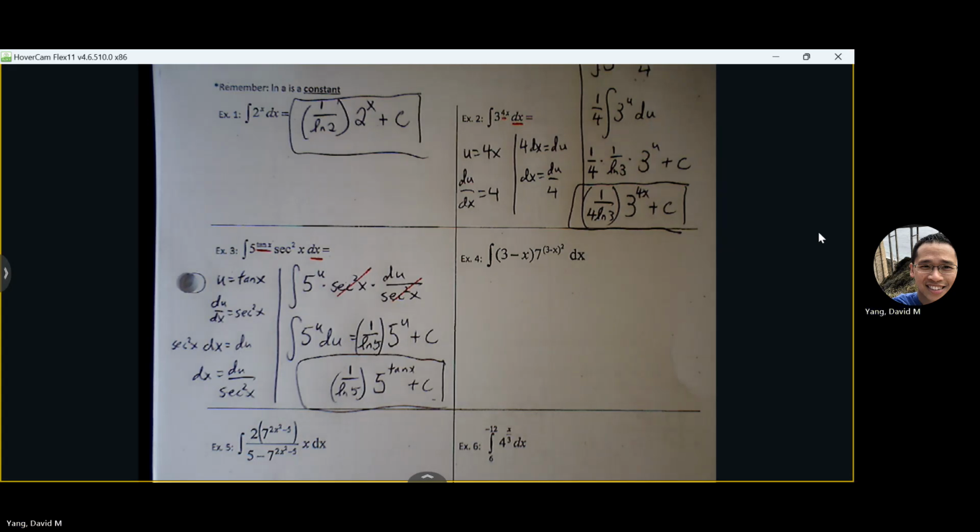Okay. So I have a Riemann sums handout that we can go over.